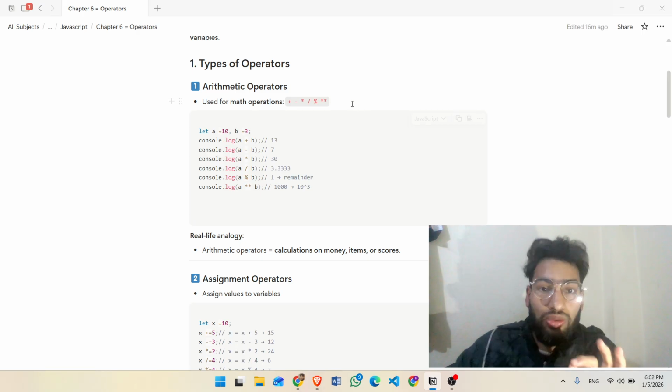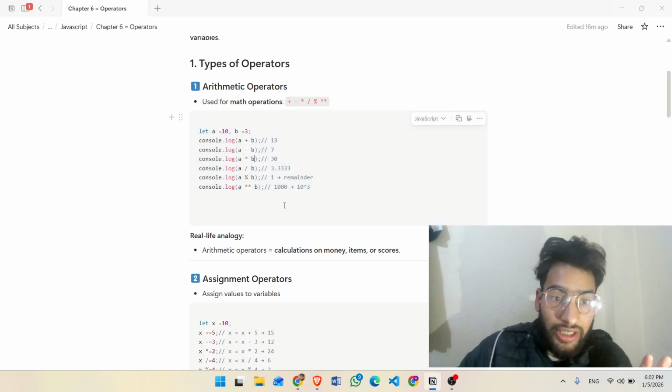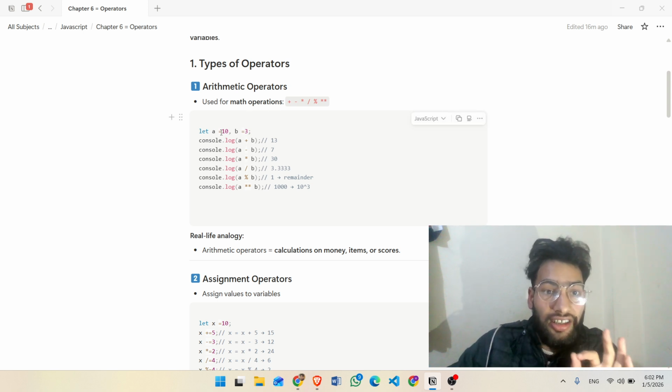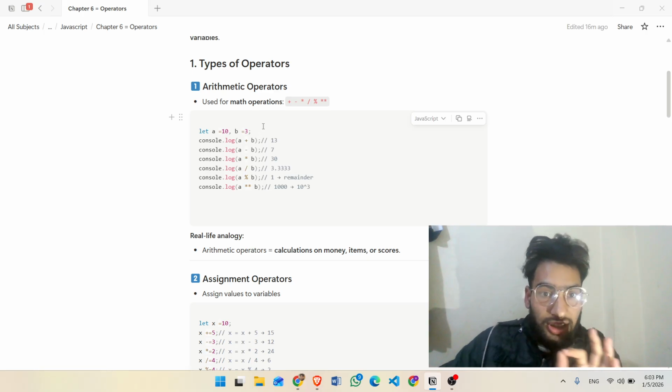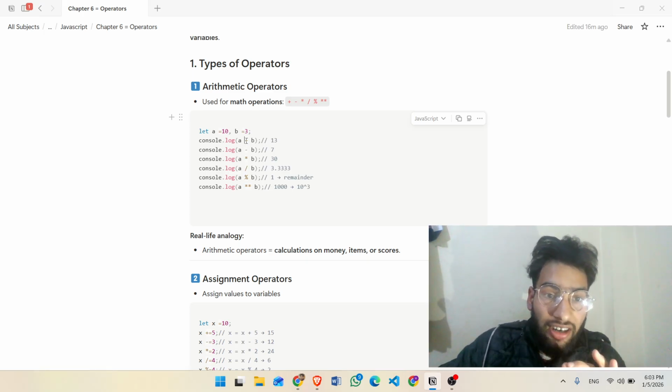So how can we use this in JavaScript? Let's see in coding. If a is equal to 10 and b is equal to 3, and we want to use the plus operator, then we write a plus b. First we write a and we use plus in the middle of a and b, right?